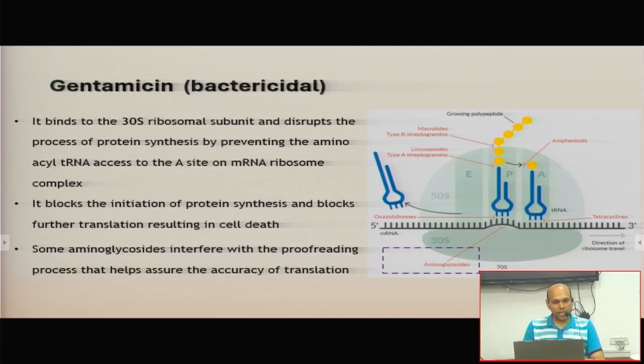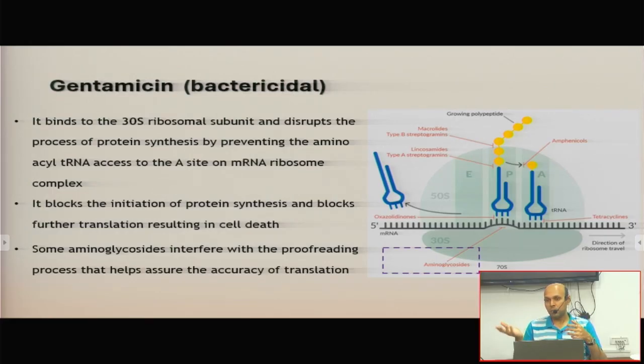Then the next one that we have is gentamicin, right? Gentamicin is a bactericidal antibiotic in a higher concentration. Mostly gentamicin is bactericidal. Gentamicin belongs to which class of antibiotics? Aminoglycosides. Okay. There are certain things that you need to remember.